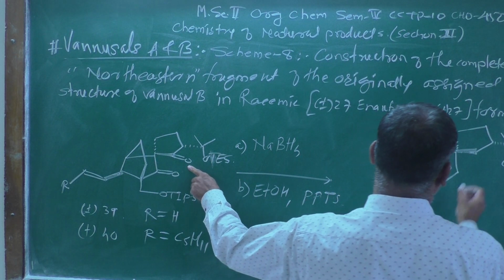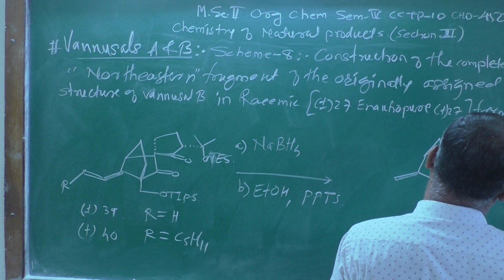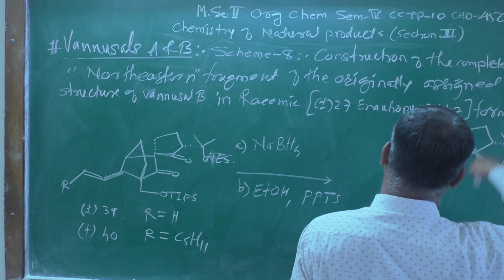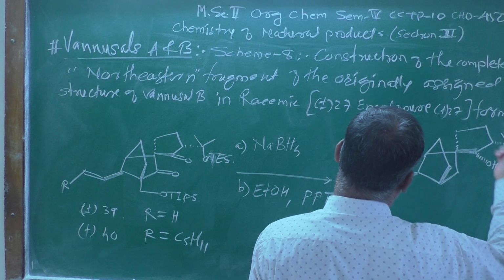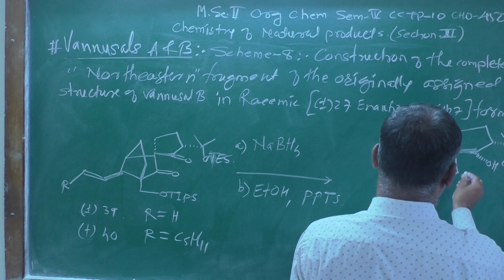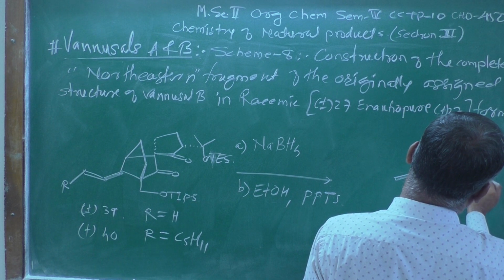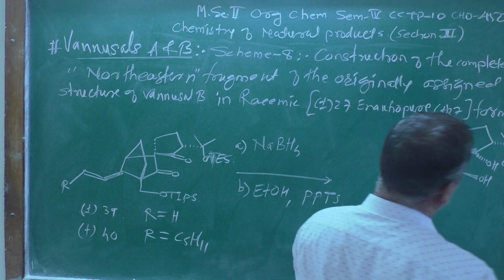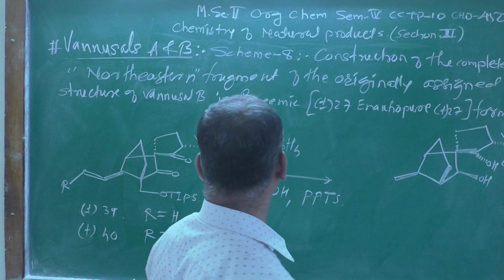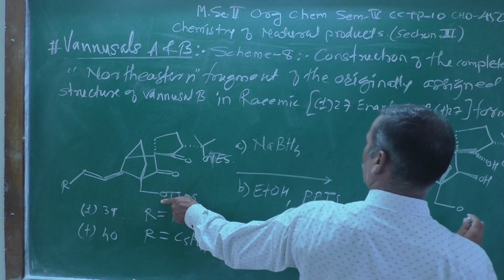First of all, one of the carbonyl groups gets reduced. Hydride comes from the front side, so that hydroxy group goes below the plane, but here the hydride is coming from the back side, and therefore the hydroxyl group should be above the plane. Now this group, OTIPS, that is triisopropylsilyl, remains as it is.